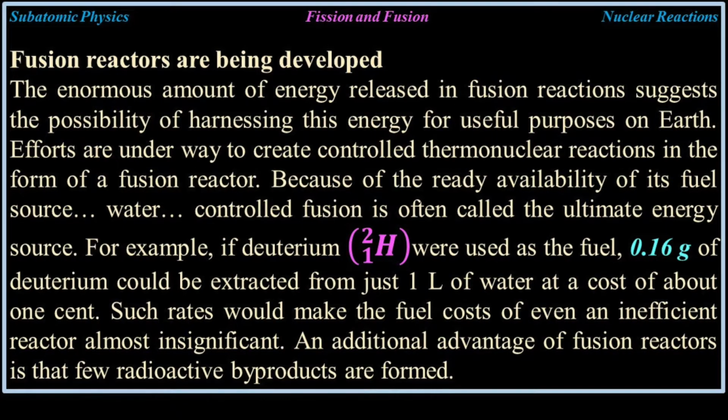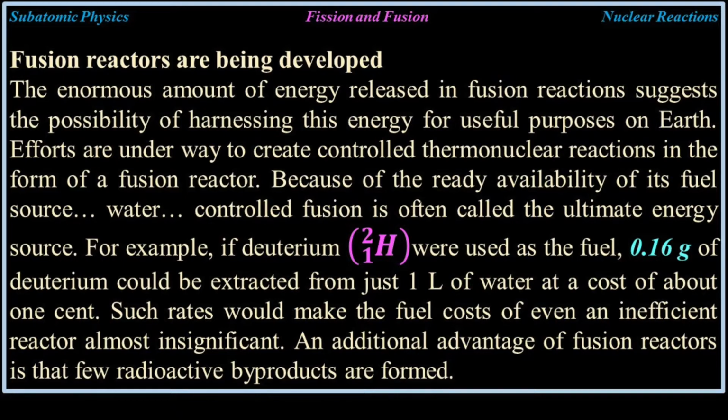Fusion reactors are being developed. The enormous amount of energy released in fusion reactions suggests the possibility of harnessing this energy for useful purposes on Earth. Efforts are underway to create controlled thermonuclear reactions in the form of a fusion reactor. Because of the ready availability of its fuel source, water, controlled fusion is often called the ultimate energy source.